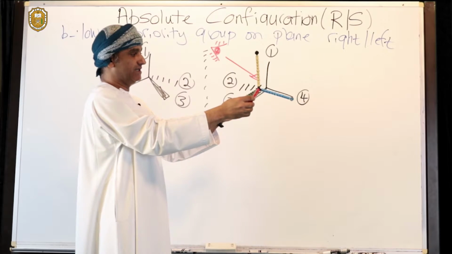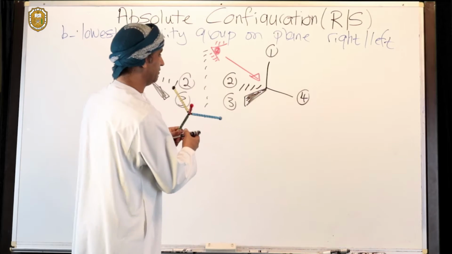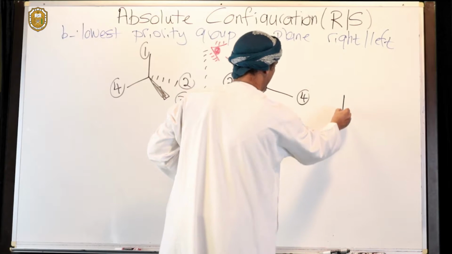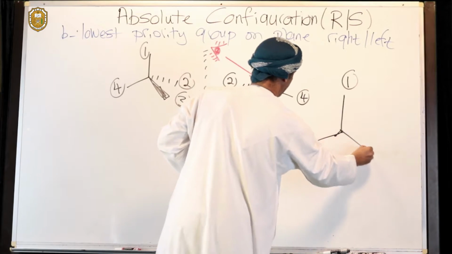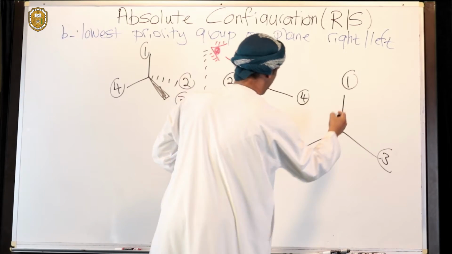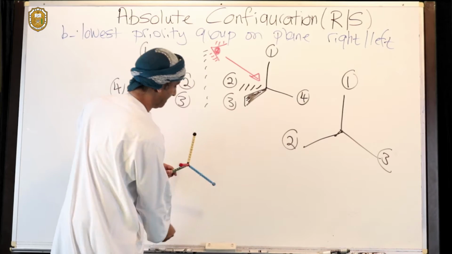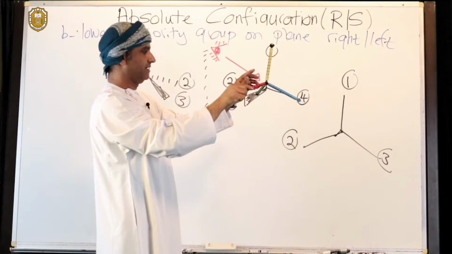Again, we end up with something like a steering wheel. So what do we end up with? Well, what we end up with is something like this. So this is 2, this is 3, and that's 1. Again, this is 4, this is 1, this is 3, and this is 2.